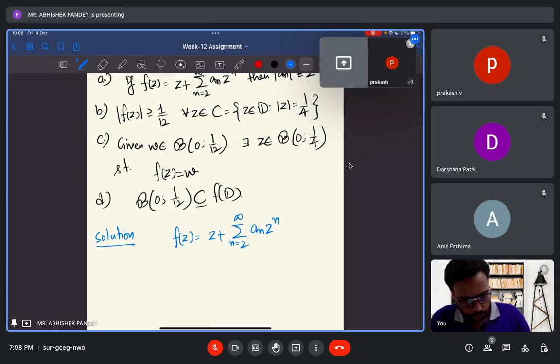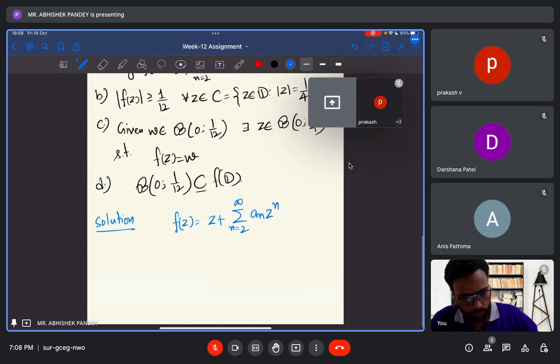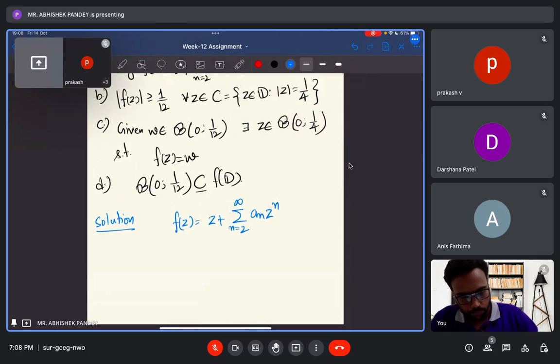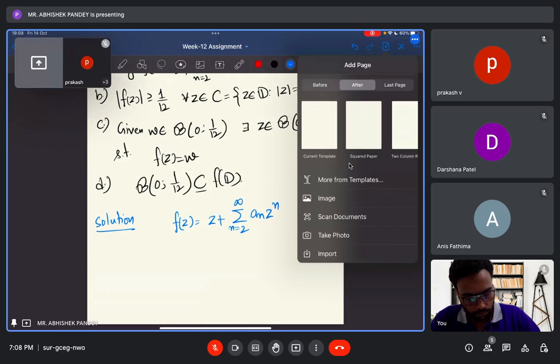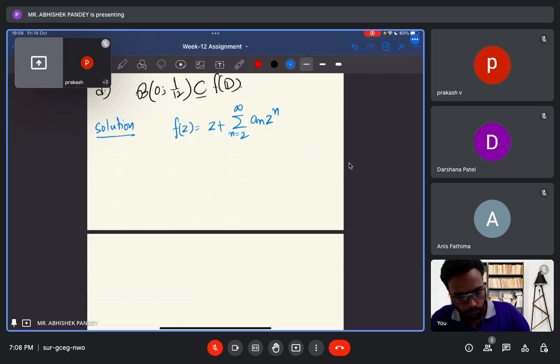So we can write this as mod of f(z) is greater than or equal to mod z minus summation n equals 2 to infinity a_n z to the power n.